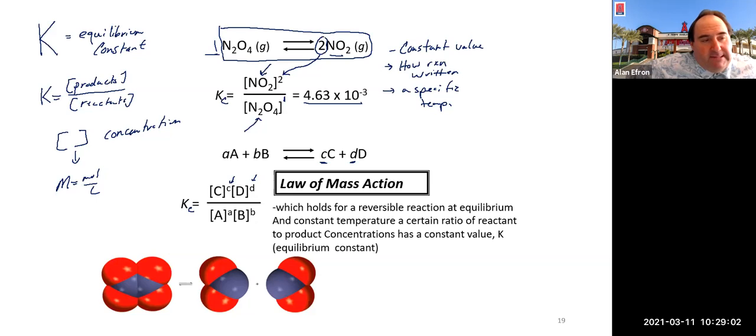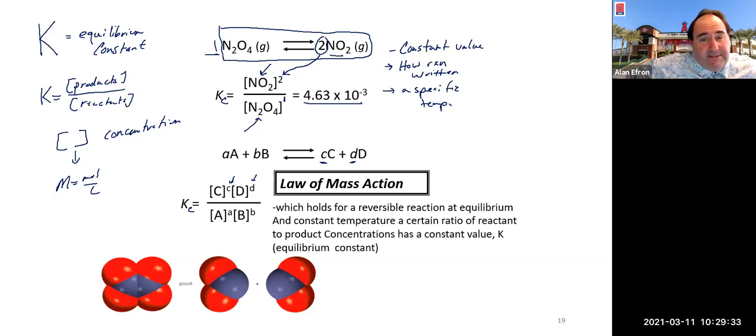As long as the temperature was the same for all 3 of those experiments, we would expect to find the same equilibrium constant value for that reaction, regardless of what we started with in terms of concentrations. That is sometimes a concept that's very hard for people to grasp. We sometimes think, well, I started with 8 of this one to begin with, and then in the next reaction I started with 2.